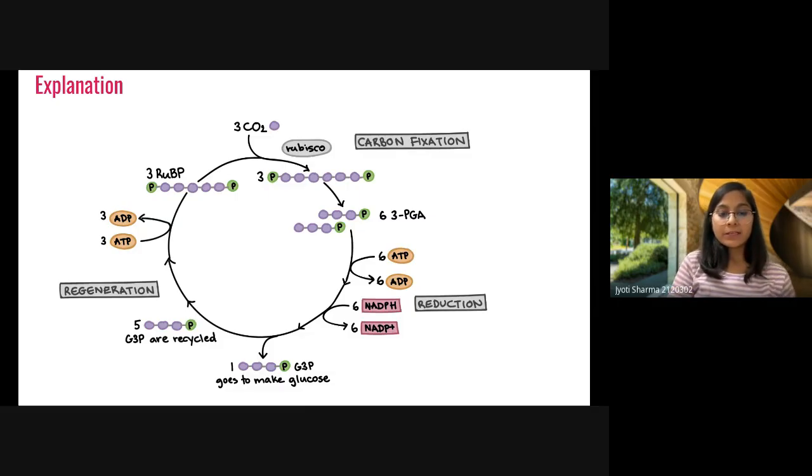After that it gives 3 G3P. So 3 CO2 is giving you just 1 net G3P, and this G3P will go on to make the glucose that we need. Based on that, I think you can give the answer.